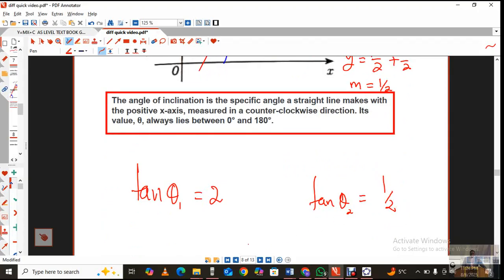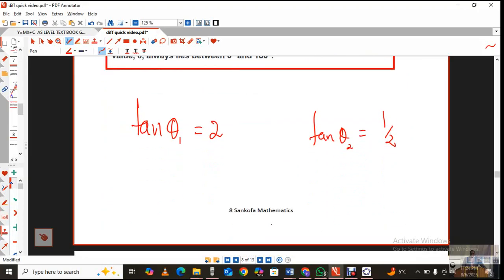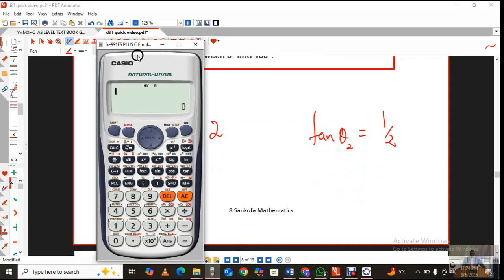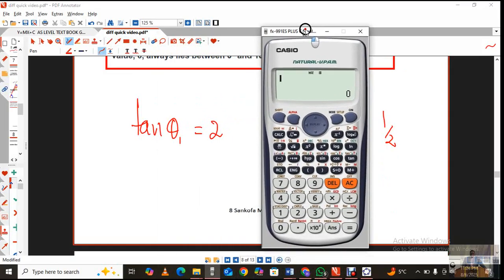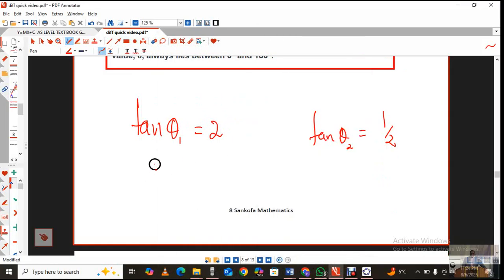Now we use our calculator and we find what those angles are, and then we should be able to subtract them in order for us to find the acute angle between them. Here, you are going to take the inverse tangent of 2. Here, the second one, the same thing, of a half.